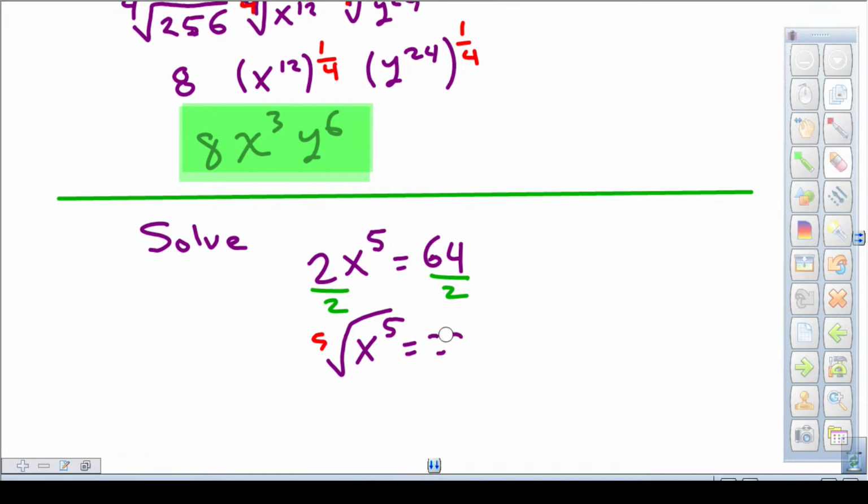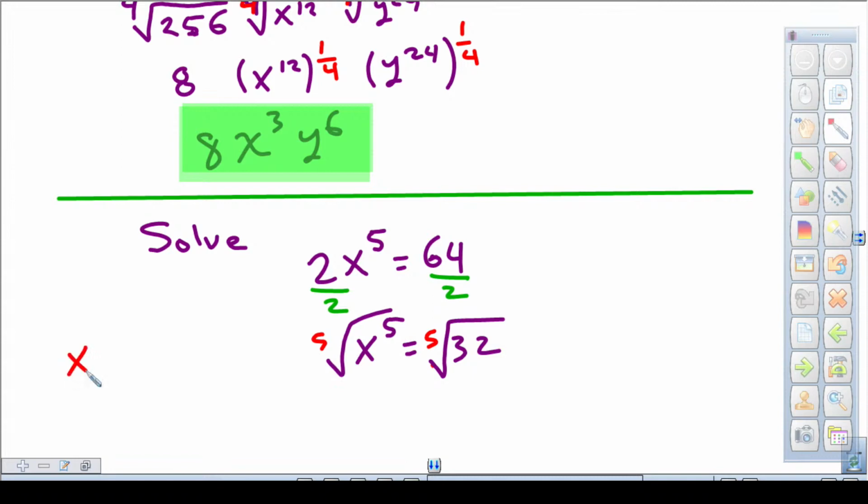I'm going to give myself room here. Take the fifth root of that as well. Well, the fifth root of x to the fifth, you now know why it cancels, right?